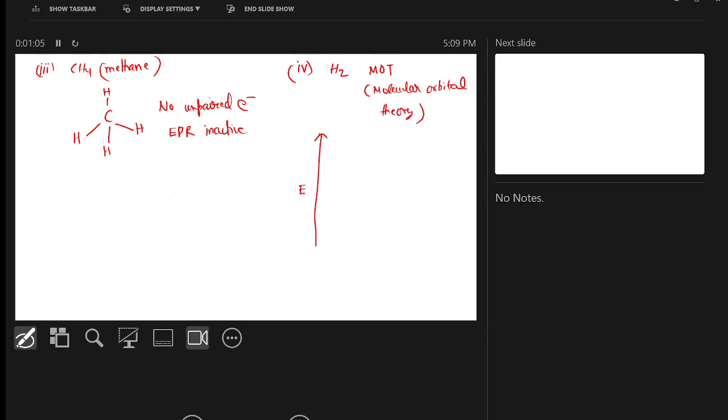So this is energy. This is your hydrogen, this is also hydrogen. The 1s orbital of one hydrogen and the 1s orbital of the other hydrogen will overlap and give your sigma 1s. And here also you will have anti-bonding, sigma 1s star. This star will represent anti-bonding.